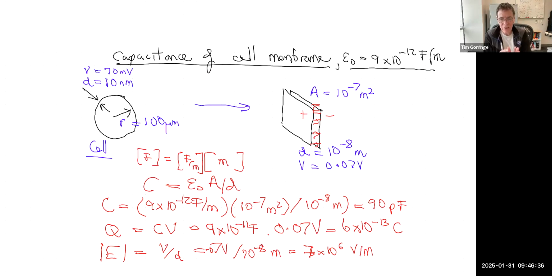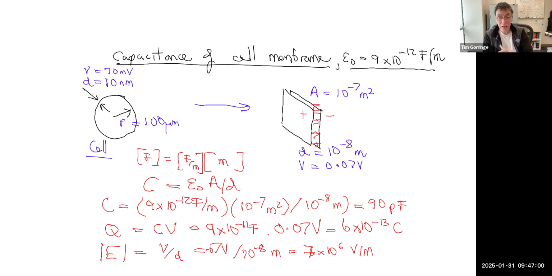Because the charges are so closely spaced, the positive and negative charges, because the membrane is so thin, that electrical field, due to those millions of charges, is a very strong electrical field. It's much stronger than the electrical field even between the ground and the cloud in a thunderstorm.